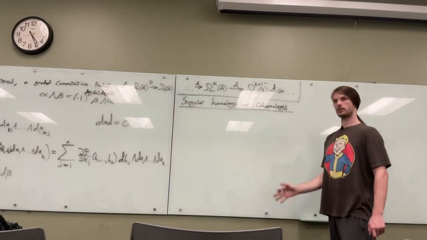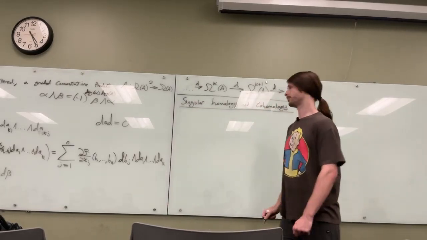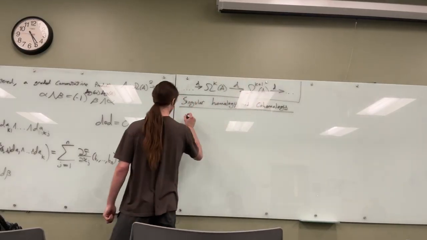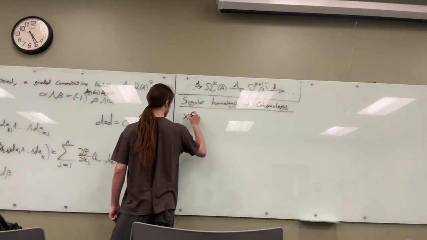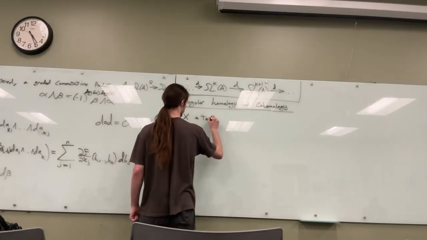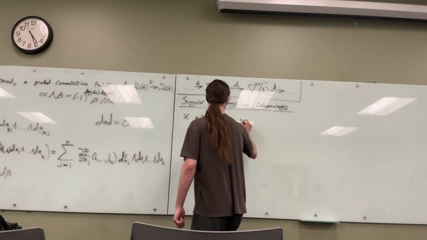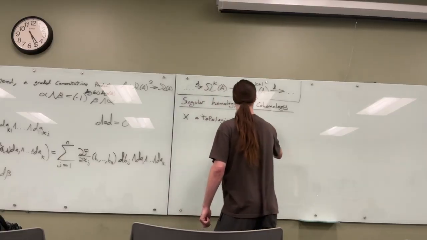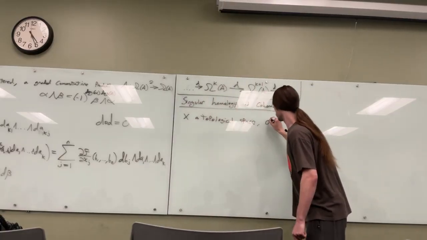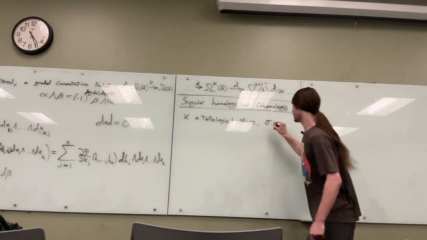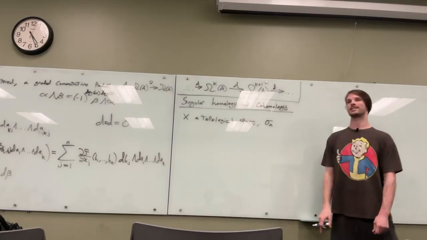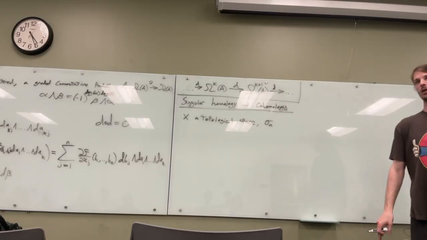Okay. So the starting point for this theory is the topological spaces. This is the natural home of singular homology and cohomology. So X, a topological space. Sigma n is going to be the standard n simplex in R^(n+1).